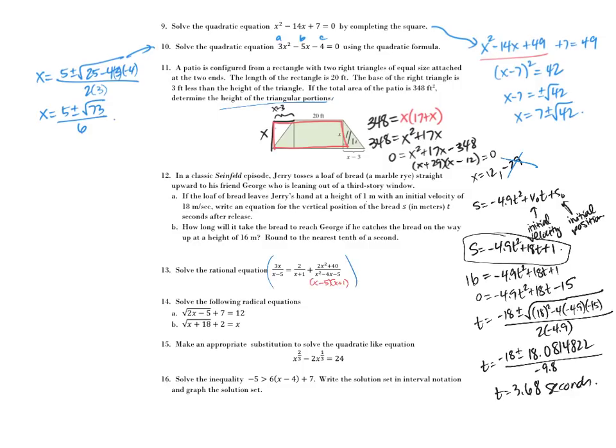So we'll multiply the whole thing by x minus 5 times x plus 1 because I can see that that's going to factor that way. When I multiply the 3x over x minus 5 by x minus 5, that clears out the denominator. So I'll just be left with 3x times x plus 1.